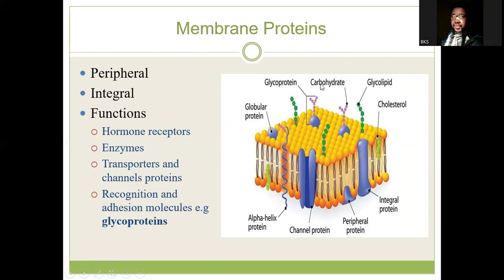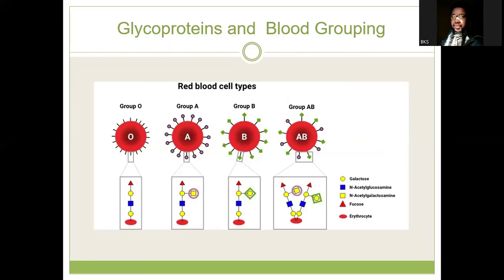So it serves as a recognition. When you have an individual, for example, who is blood group O, that individual will have this glycoprotein. You can see the red blood cell here, the first one. On the red blood cell, you have the protein on the membrane. On that membrane, you have some sugars attached to it. You can see the key here.